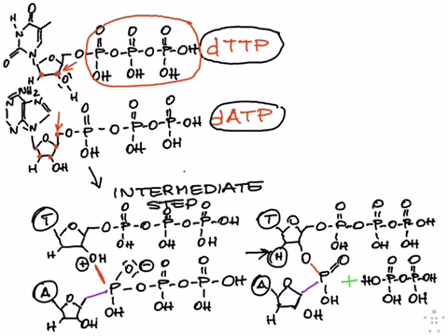You have three phosphates here. So this alcohol group right here is going to form an ester bond with the phosphorus atom right here.